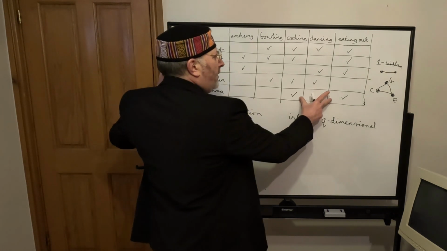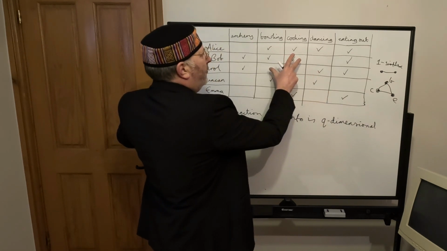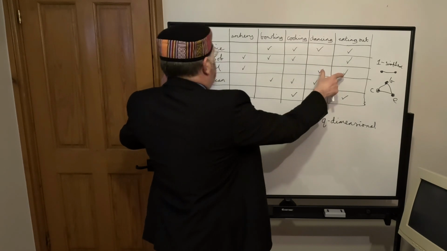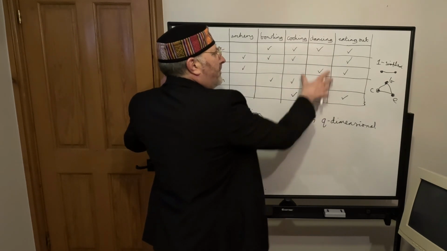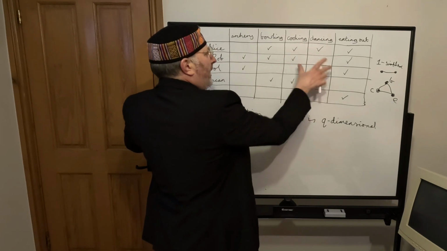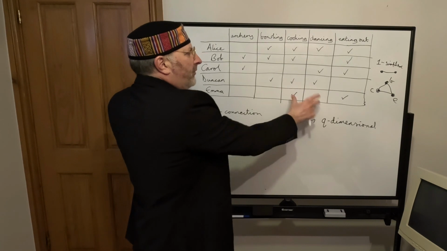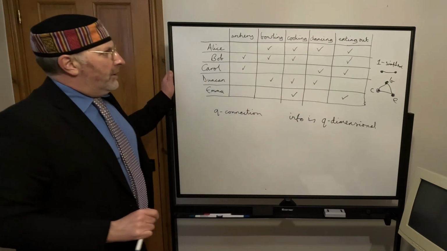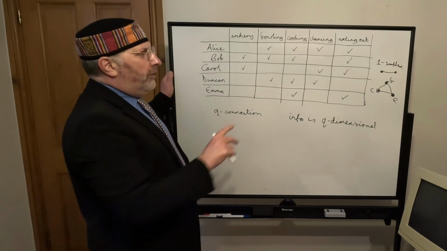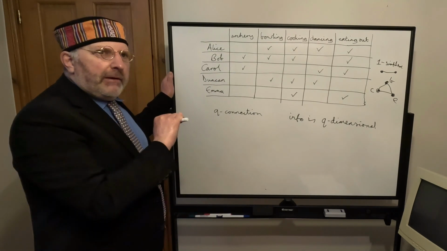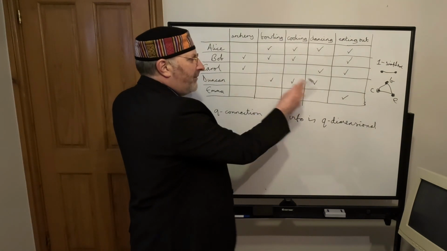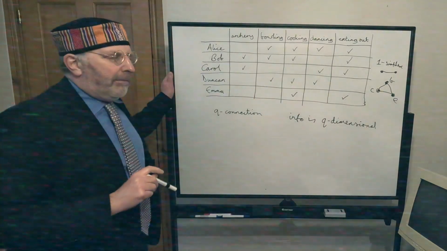So Emma can trade off cooking and eating out with Alice, and then Alice can trade off dancing and eating out with Carol. So there can be 1-dimensional information passed from Emma to Carol via Alice because they both have a 1D connection to Alice. But we cannot get 2-dimensional information through this simplicial complex because not everybody is 2-connected into the complex.